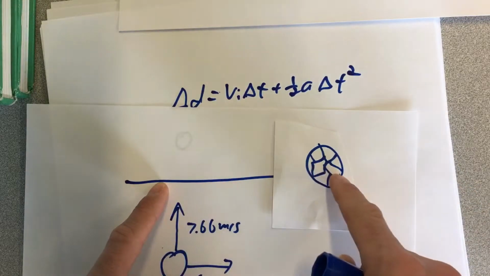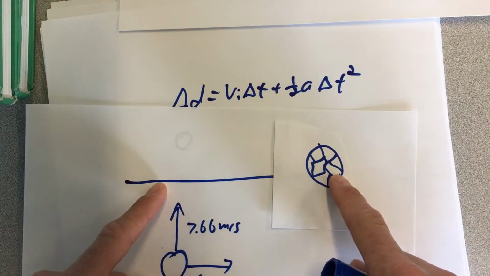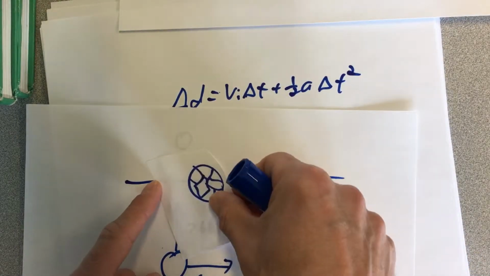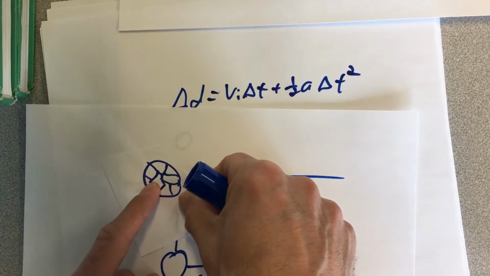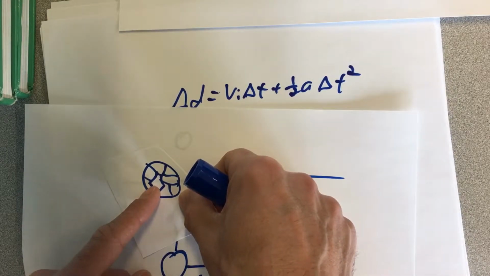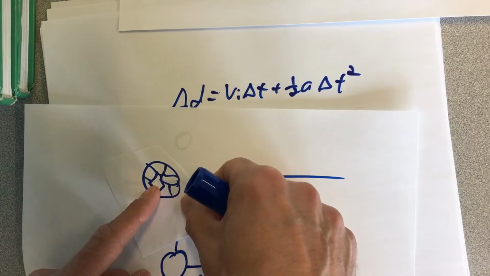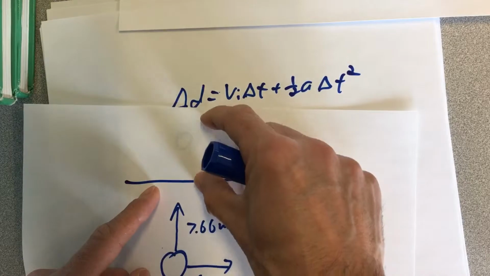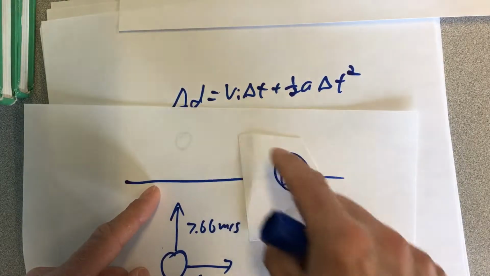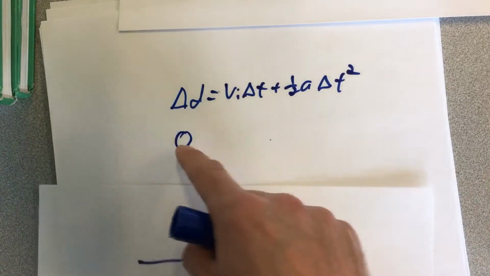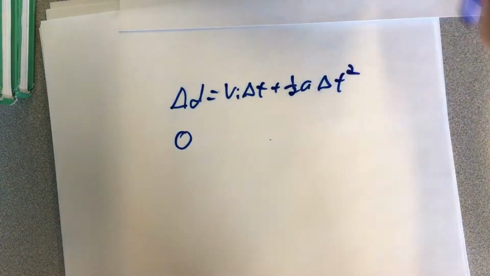It has a finite horizontal component to its velocity. However, the vertical component of its displacement is 0 because it's gone up and then it's made its way back down. So vertically, there's no actual change in position from its initial position to its final position. That's why 0 makes sense here.